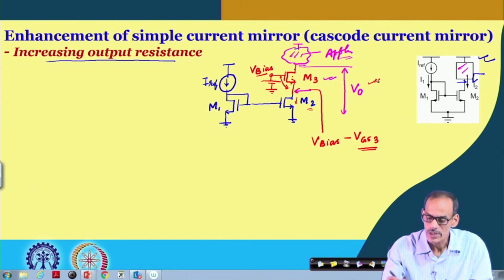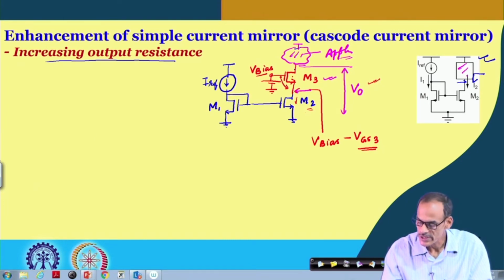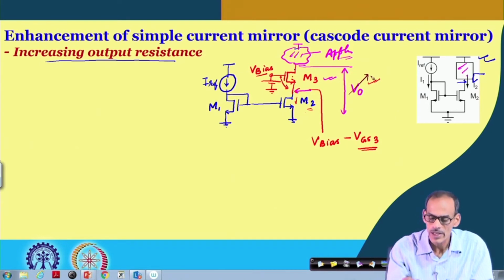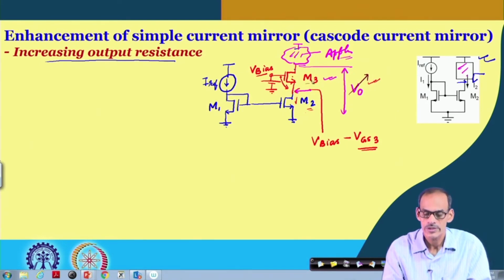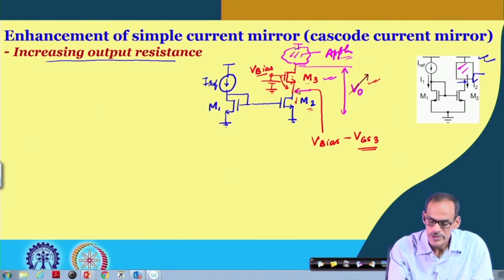As a result, even if this voltage is changing, as long as transistor 3 is in saturation, this voltage is not changing.